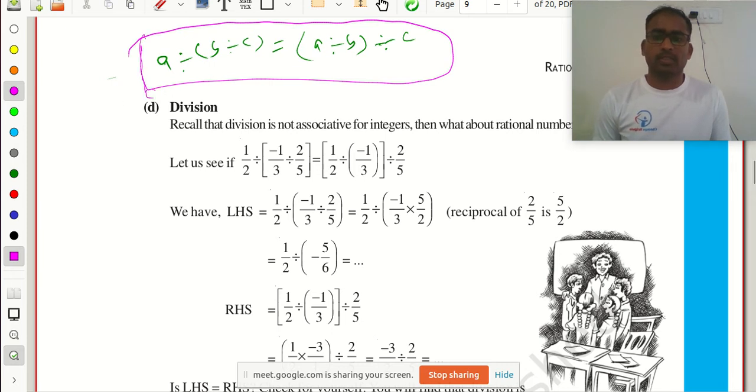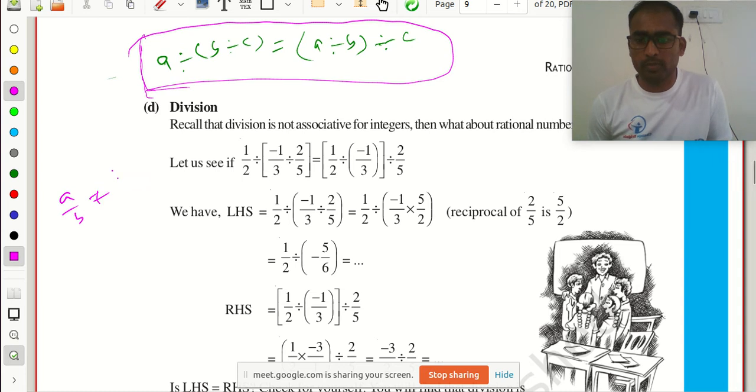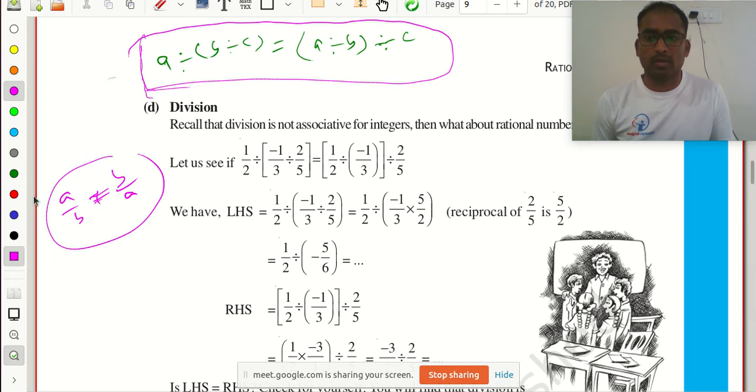If this satisfies, then I can say rational numbers are associative under division also. But this won't happen. You can check this with just two rational numbers: A by B is not equal to B by A always. Clear?